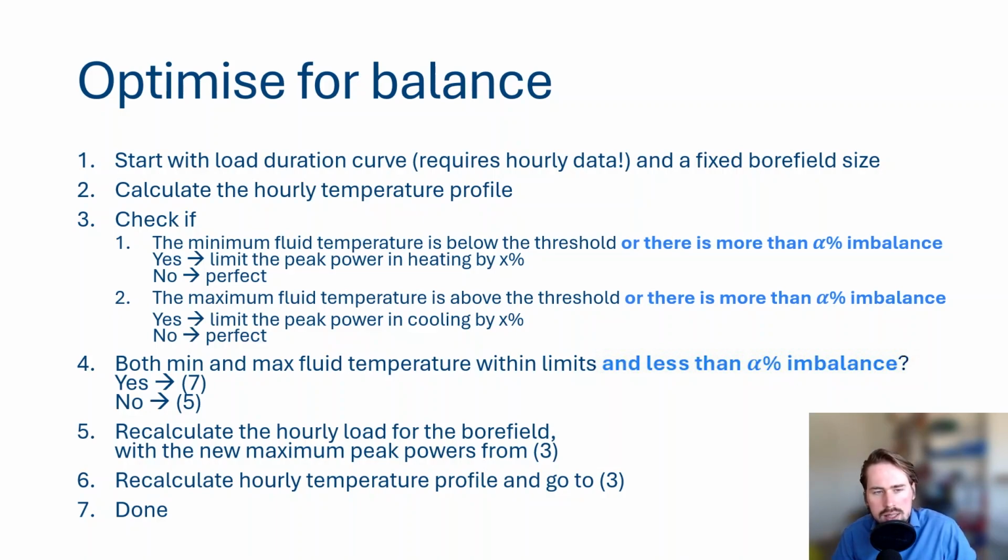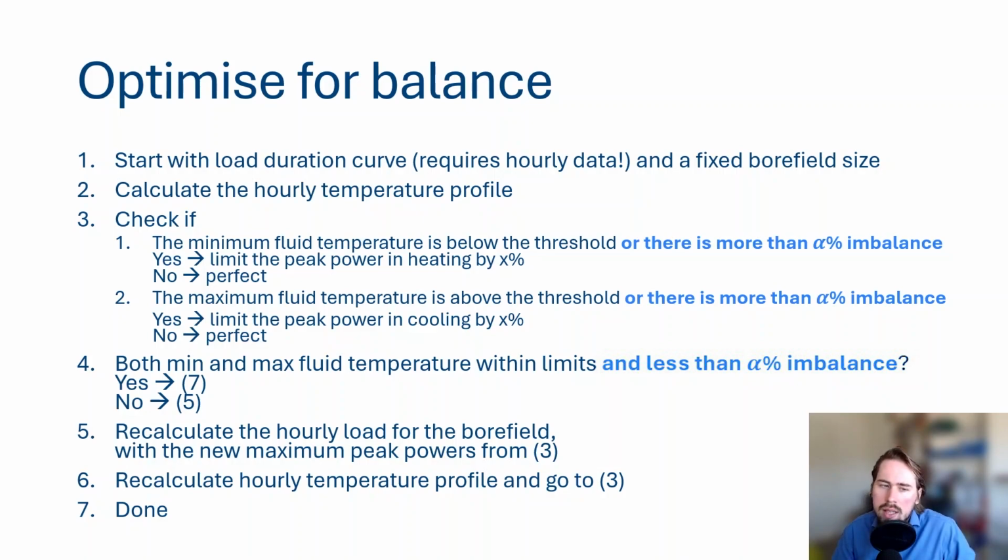So let's say that the minimum average fluid temperature is above the minimum threshold, so we do not cross this limit, but we see that there is an imbalance which cools down the ground year after year. We limit our peak power in heating in order to make sure that we keep our ground in balance.